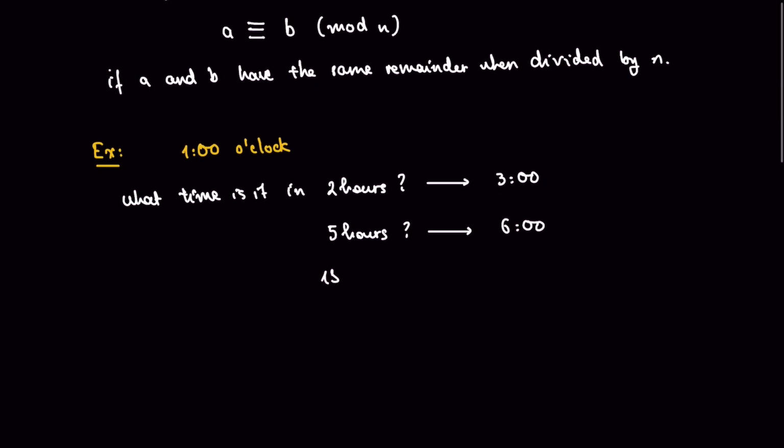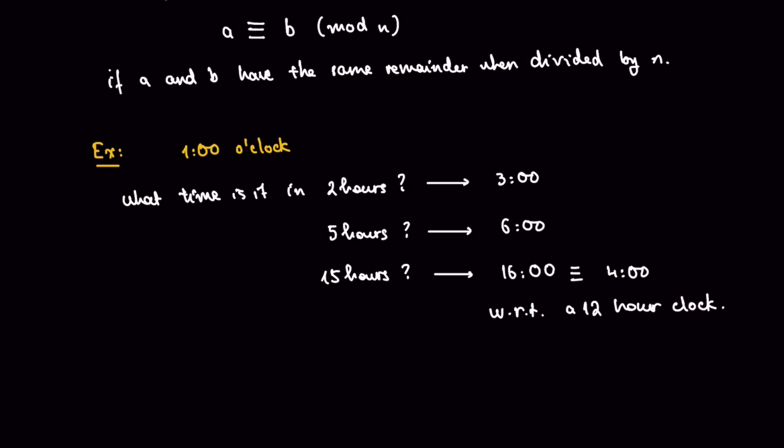What about 15 hours? 1 plus 15 is 16. But 16 o'clock here means the same thing as 4 o'clock with respect to a 12-hour clock system. So WRT means with respect to a 12-hour clock.